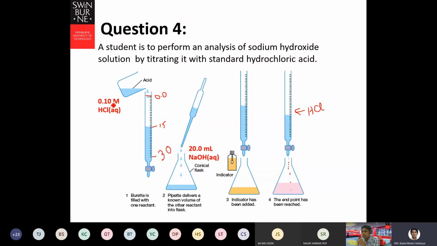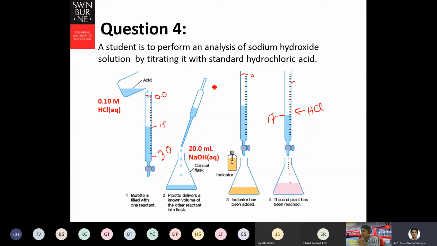So here we started at 0, this is 0, and then this is 15. After we do the titration, let's say 17 milliliter I had to use. So how many HCl we have added to this sodium hydroxide: 17 minus 0 is 17 milliliter, right?